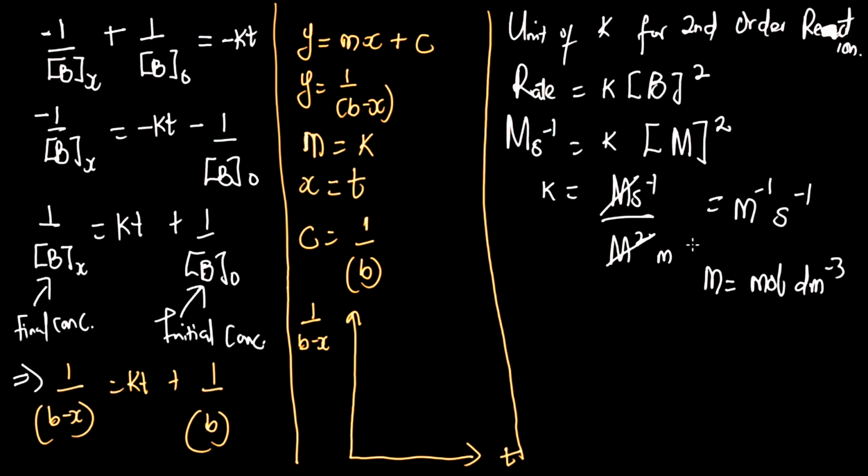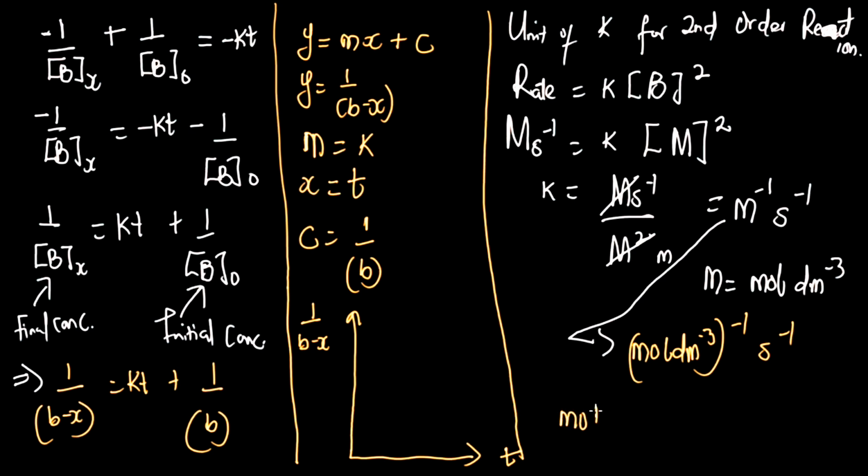So we can therefore express this to be mole dm^-3 to the power minus 1, s^-1. So we can therefore say mole^-1 dm^3 s^-1. So this is the unit for the rate constant for a second order reaction.